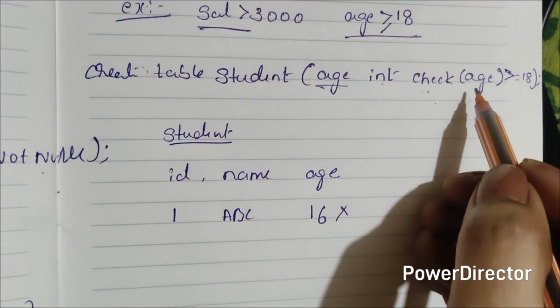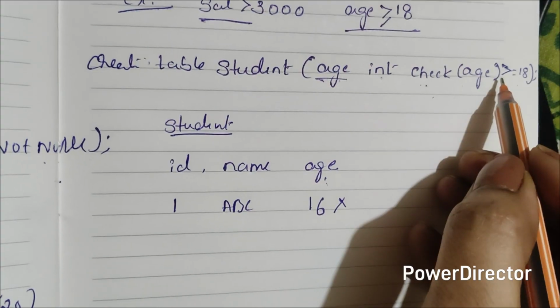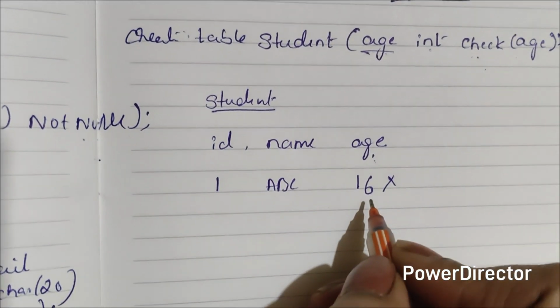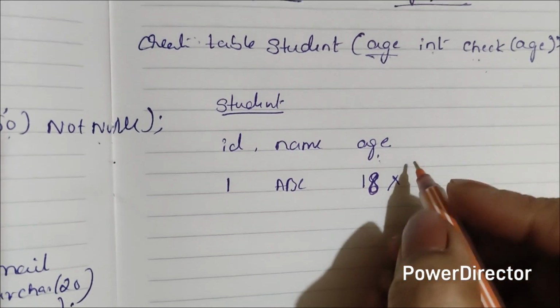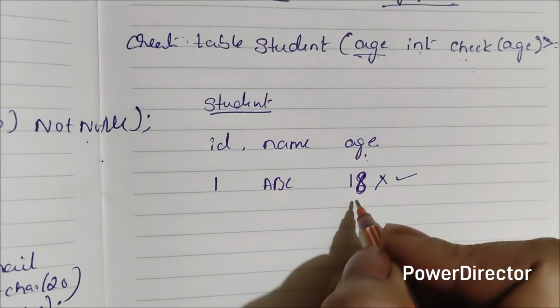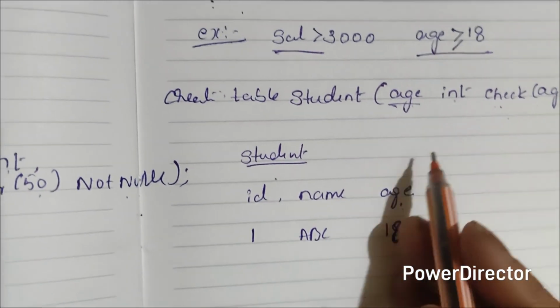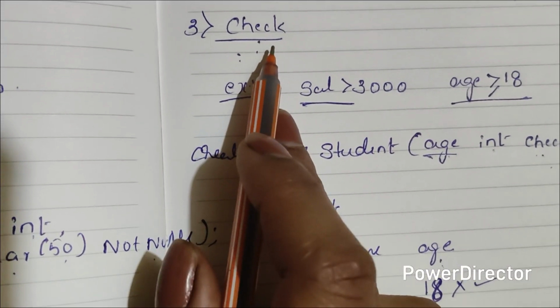Why? Because we are restricting this age column, that is age should be greater than or equal to 18. You can't enter the value 16 here. If you enter 18, then it will take that value and insert it into the table. Okay, so this is how you restrict the column with the help of this check constraint.